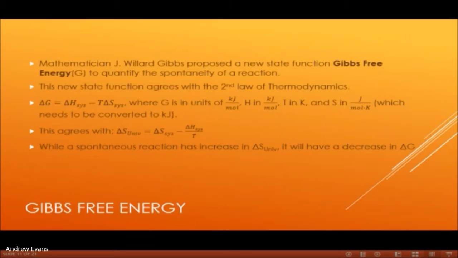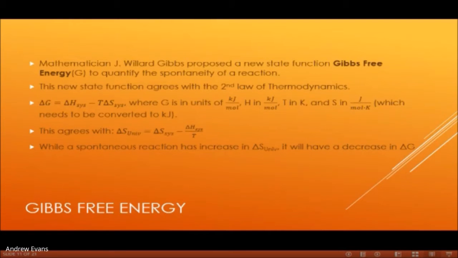S is typically given in joules per mole Kelvin, so you would have to convert. But this statement will mathematically agree with the second law that whenever a reaction is spontaneous, the entropy of the universe will increase.